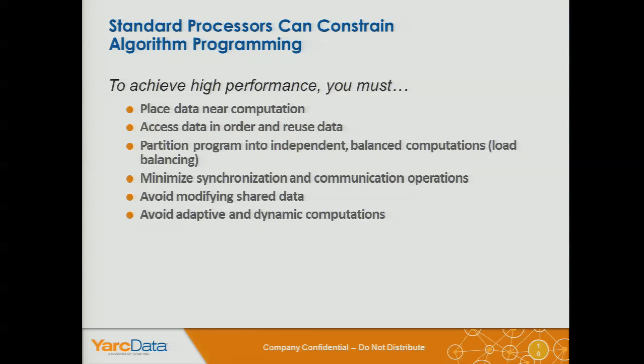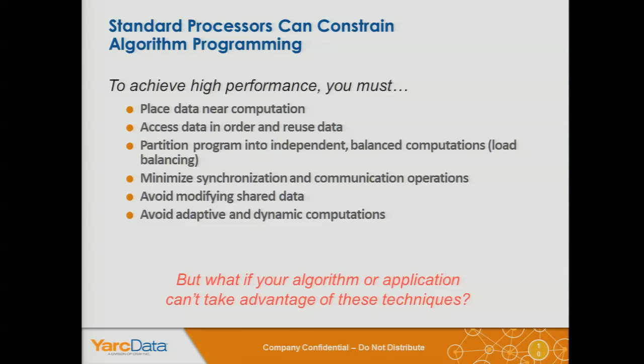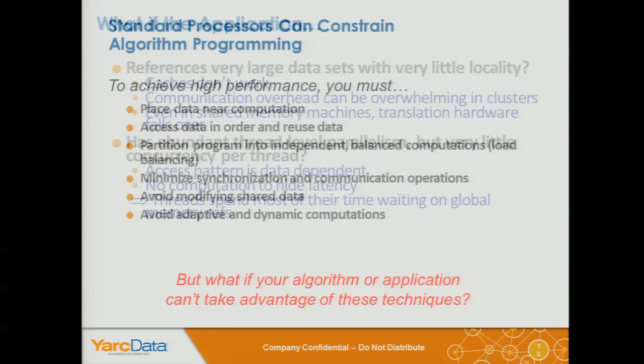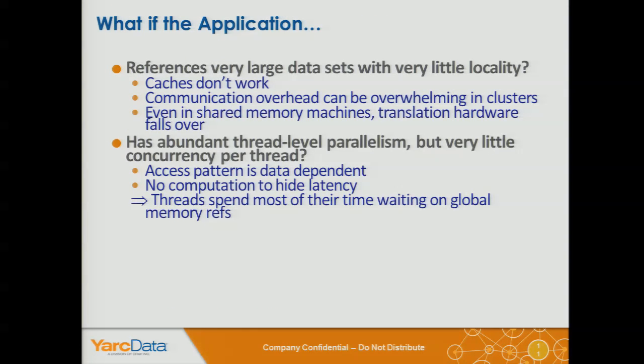You have to load balance, deciding how you're partitioning the data and also partitioning the work. Minimize synchronization across the machine, which can be expensive. Avoid modifying shared data, and avoid adaptive and dynamic computations where you're jumping around the different distributed portions of the memory. But some algorithms, graph algorithms perhaps, can't take advantage of those techniques.